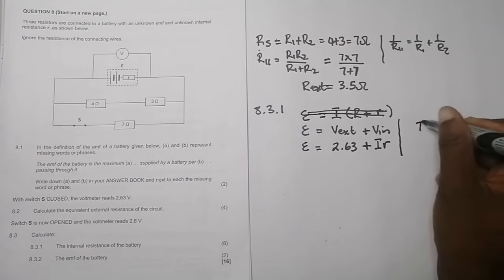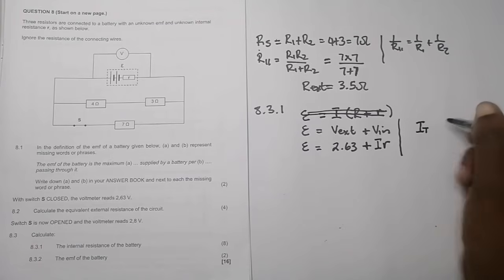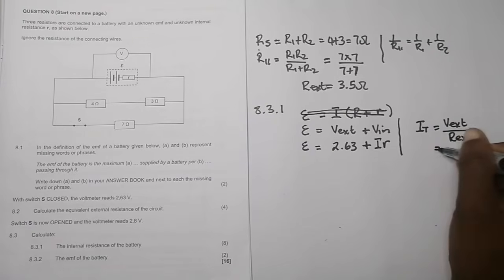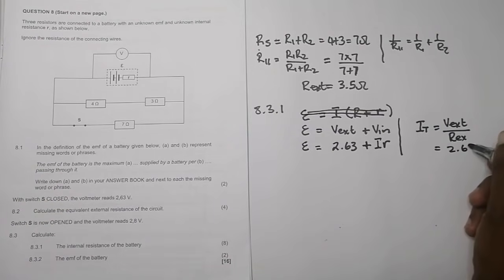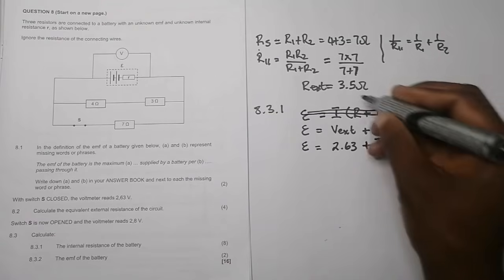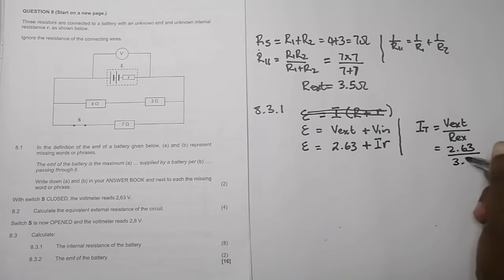What I'm going to do is say, well, what's our total current? It's going to be V external divided by R external, okay? And you remember V external were given to be 2.63, and our external resistance in this case, we had calculated it as 3.5.